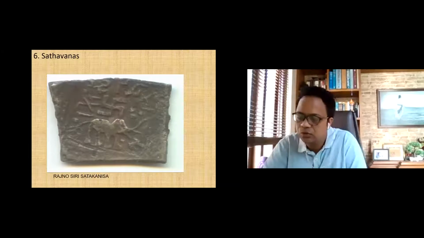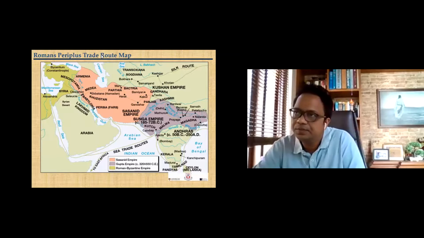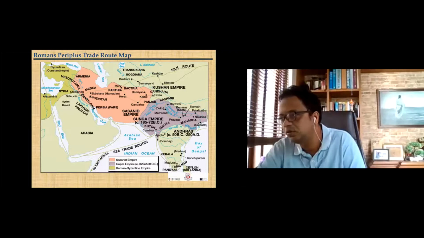The coin that I just showed to you was of the Satavahana kings. And this is the map of a Greek traveler who wrote the Periplus of the Erythraean Sea. He has traveled from Mesopotamia through the Mediterranean Sea, the Red Sea, and he has come out here to Bombay or Mumbai and Vasai, Sopara.